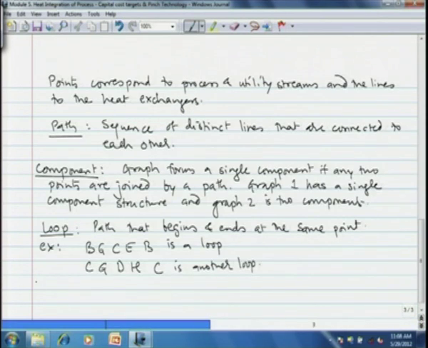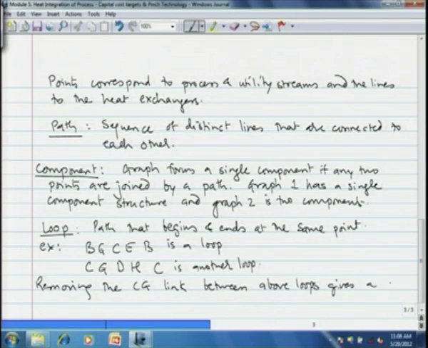Removing the CG link between loops gives a third loop, that is B, G, D, H, C, E, B.